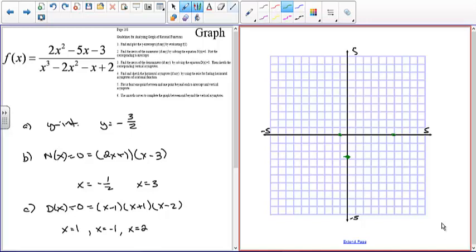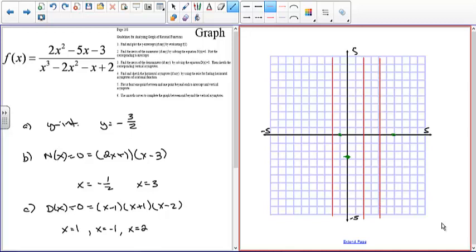And then we have 3 vertical asymptotes. So we have one at x equals -1, x equals +1, and one at x equals 2. Like that.